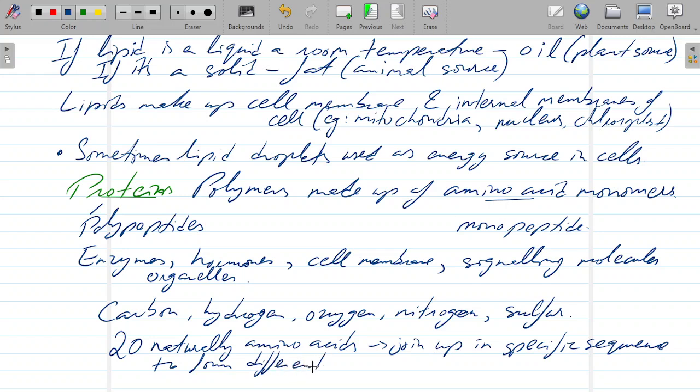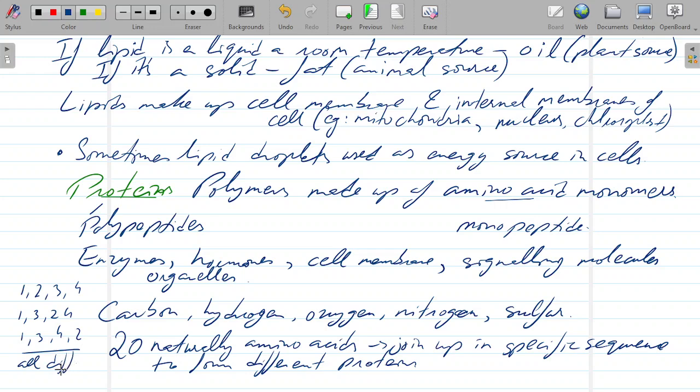So in proteins, the sequence of the amino acids is very important. You can have, for example, 1, 2, 3, 4, that's one. You can have 1, 3, 2, 4, or 1, 3, 4, 2. Even though it's the same 4 amino acids, the arrangement, the sequence, will have an effect.